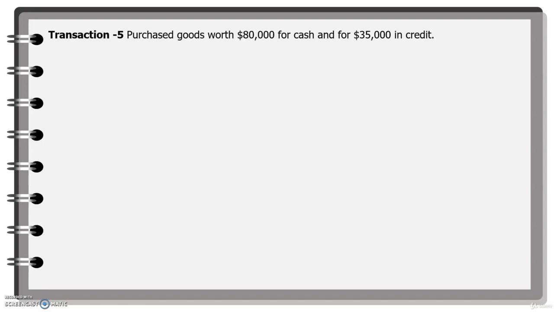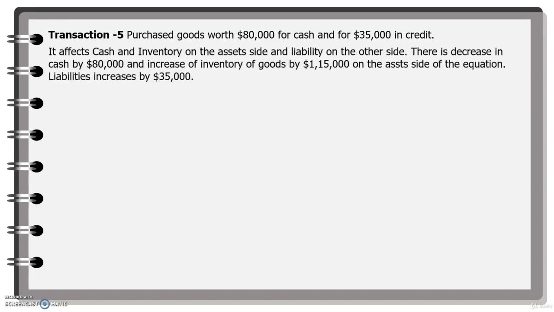So put together, you have to adjust inventory, because goods purchased are 80,000 plus 35,000, which is 115,000, of which 80,000 is paid in cash, so it will have an impact on the cash account. 35,000 will have an impact on liabilities, and 115,000 will be the impact on inventory. It affects cash and inventory on the asset side, liability on the other side. So cash will decrease by $80,000, inventory will increase by $115,000, the aggregate of these two, and liabilities will increase by $35,000.